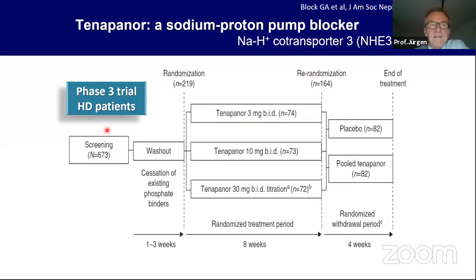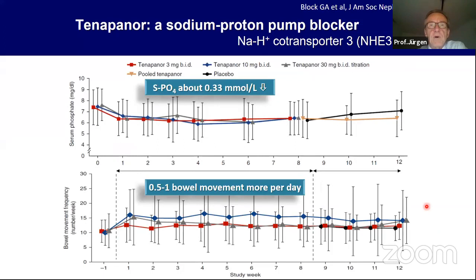So here's the phase 3 trial. They used patients, a washout period, then added increasing doses of tenapanol, and then they went back to placebo or pooled tenapanol. This is what happened. With tenapanol, the serum phosphate decreased by about 0.33 millimoles per liter, so that would be a milligram per deciliter.